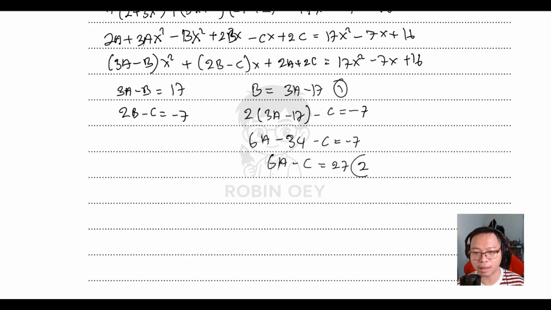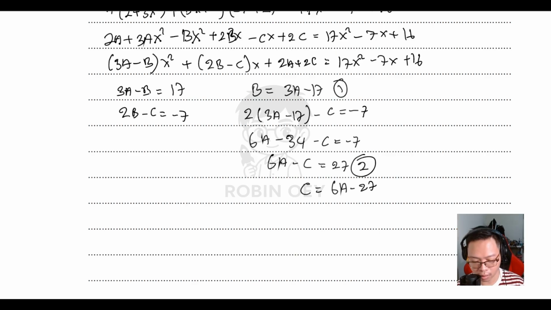So we have the second expression. Now for the third expression, C equals 6A minus 27.